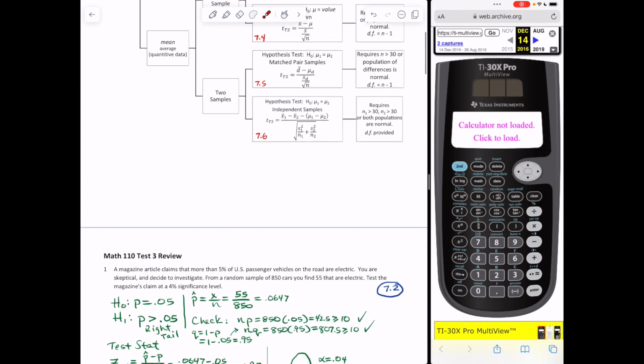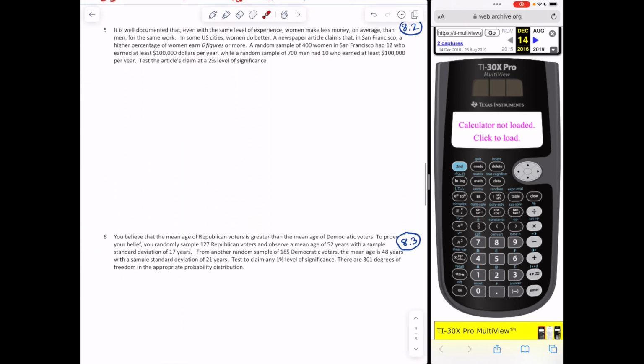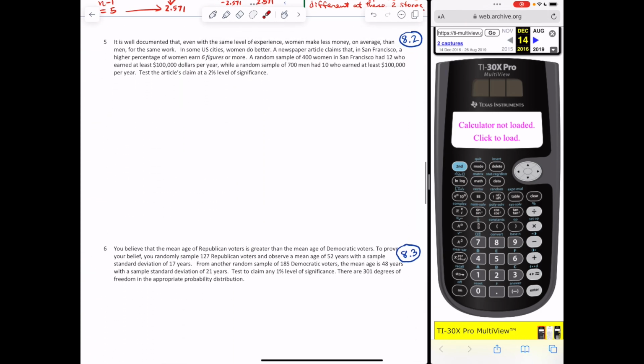So let's go back to the problem. Okay. So I think what it said was that the null hypothesis, let's go ahead and get this down. The null hypothesis is that the two population proportions, this is for women and men, that those proportions are equal. The alternative hypothesis is, it's a little weird, but they're talking about the women.